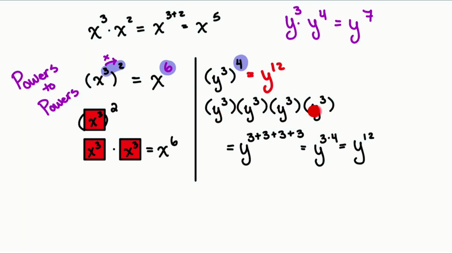And once you see all that lined up, just like we did over here, add those exponents: 3, 6, 9, 12, and there you go. So the shortcut rule is just when you see a power to a power, so an exponent raised to another exponent, you just multiply those exponents together. Nice and easy. So you can skip all of this and just get straight to the answer.